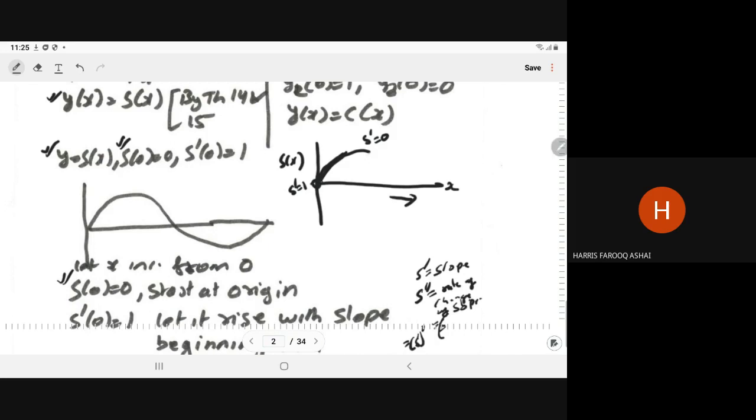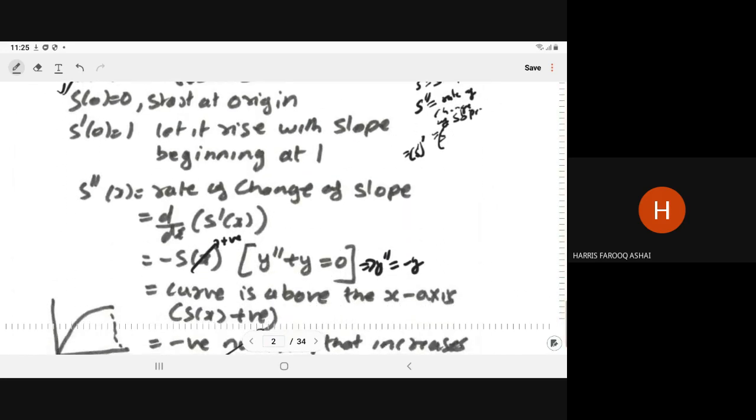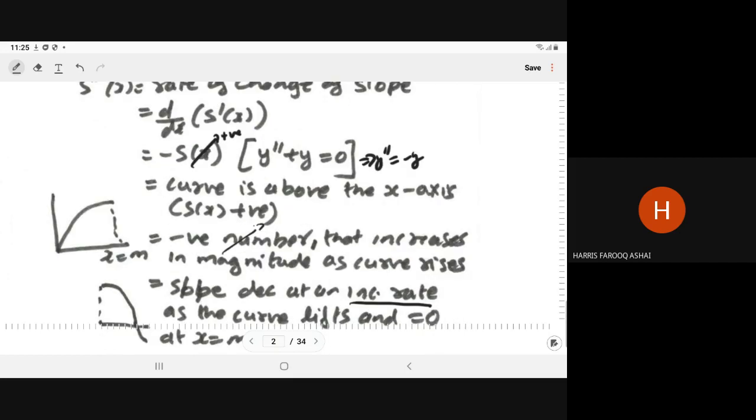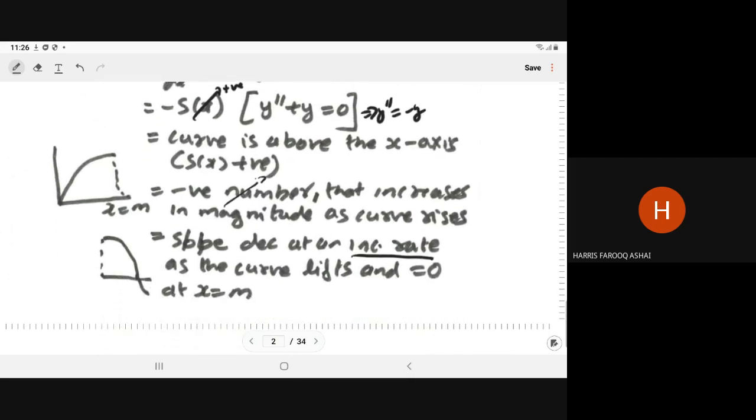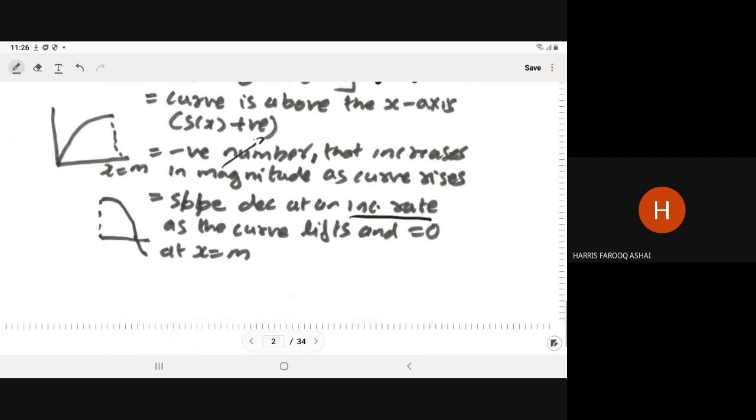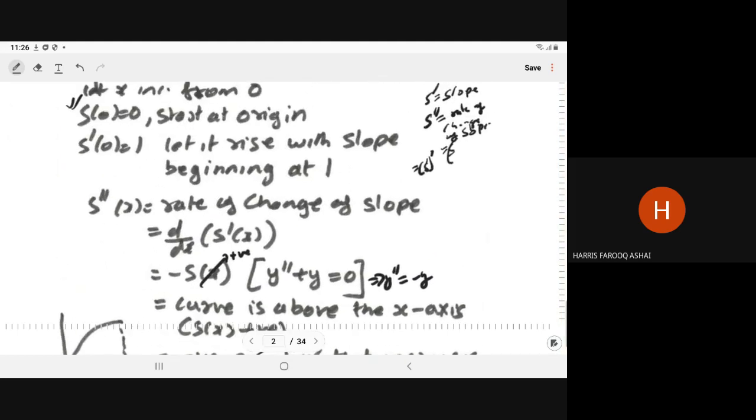But x continues to increase. So as x continues to increase, because now the slope is 0, this curve starts to decrease. So here the slope decreases at the increased rate as the curve lifts and becomes equal to 0 at x is equal to m.